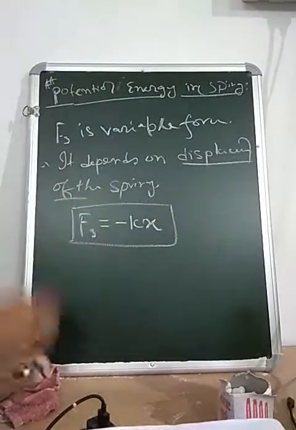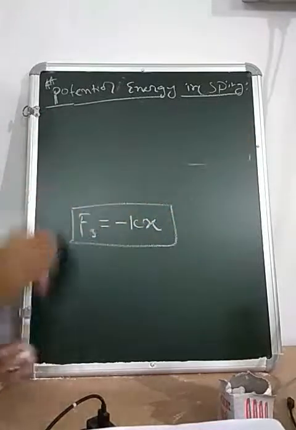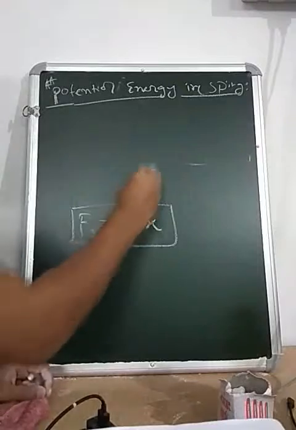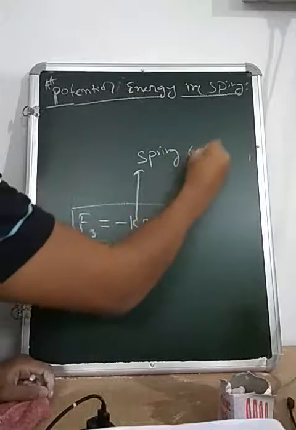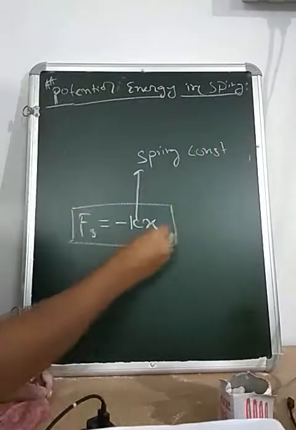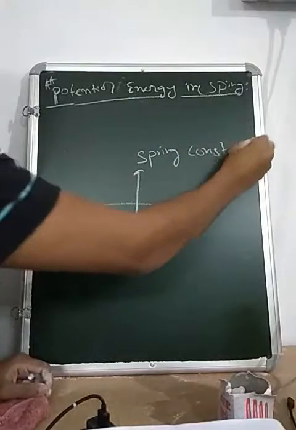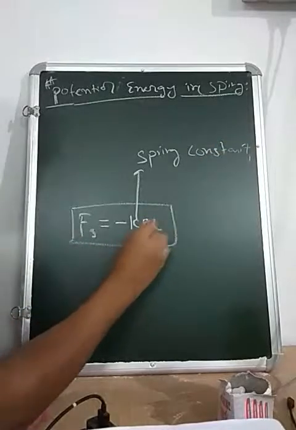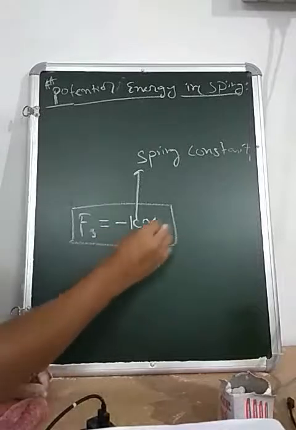So we can represent the spring force as Fs equals minus k into x, where k is the spring constant and x is the displacement of the spring, the measure of compression or expansion of the spring.